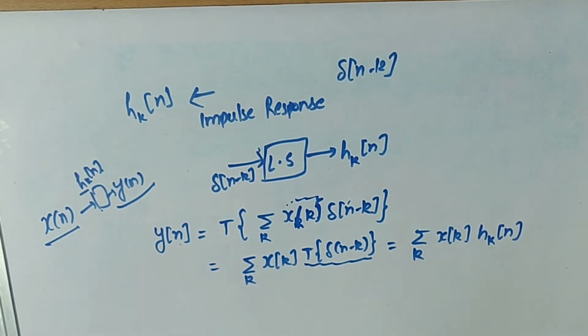If only linearity is imposed, h_k[n] depends on both n as well as k.